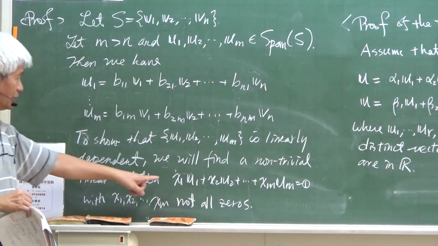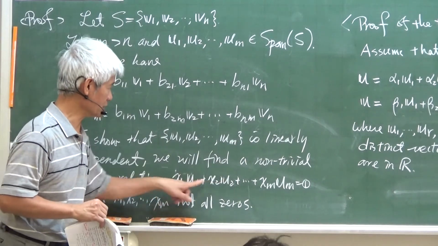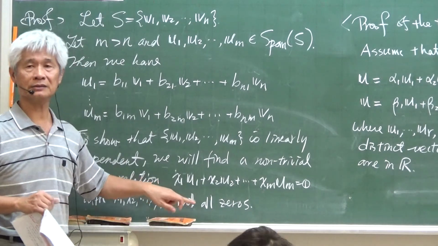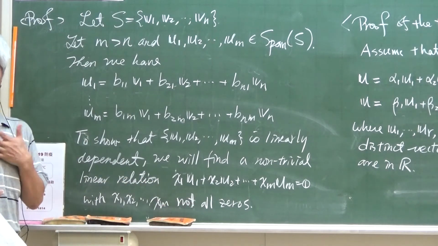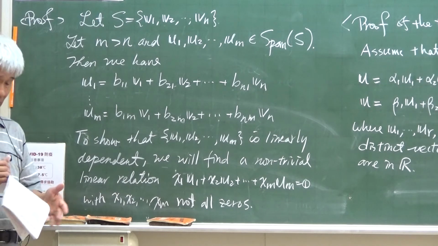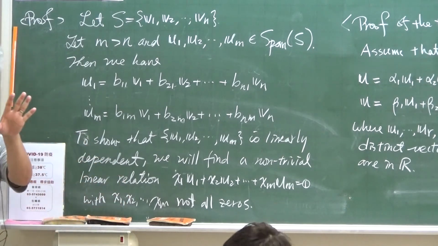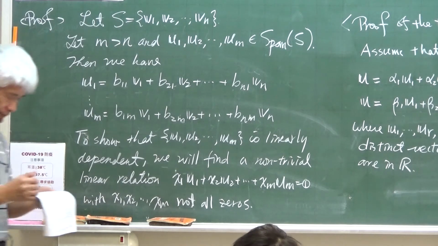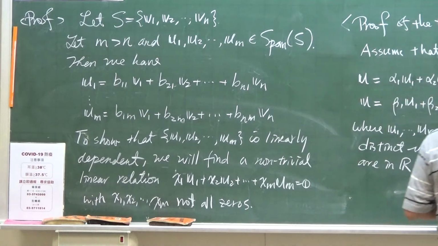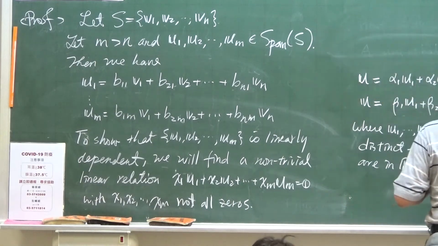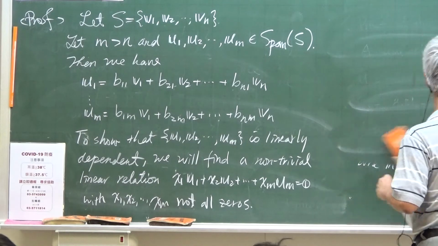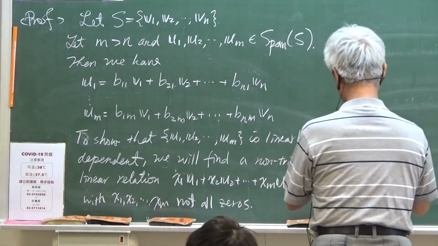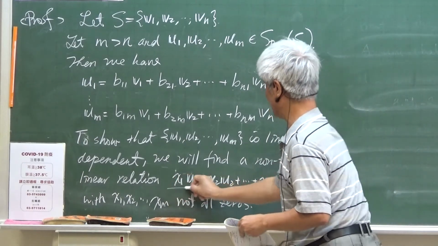It means that I try to find coefficients x1, x2 up to xm such that these coefficients are not all zeros. This is my purpose, right? I know my target, so I will try to reach it.